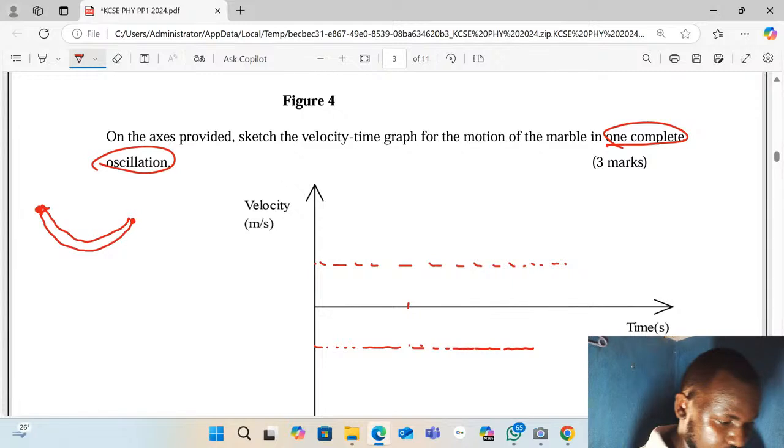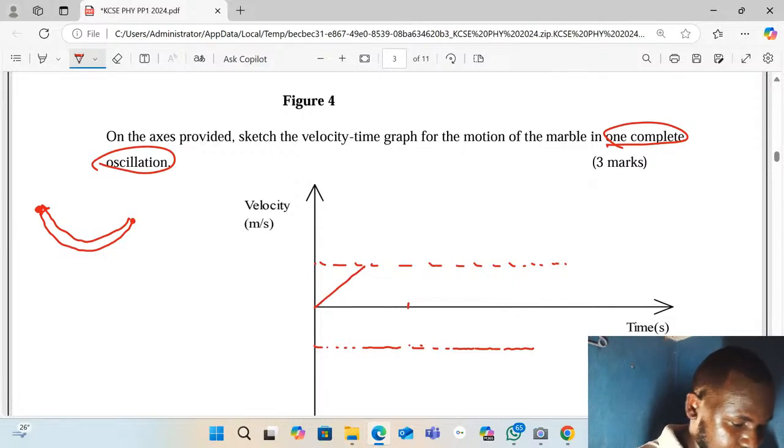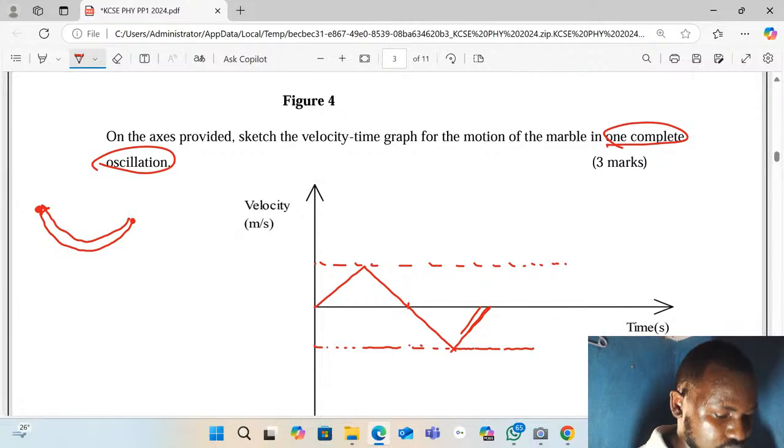Then I will say that it began all the way from 0, moved now to the center, and then it went back to the 0 mark.